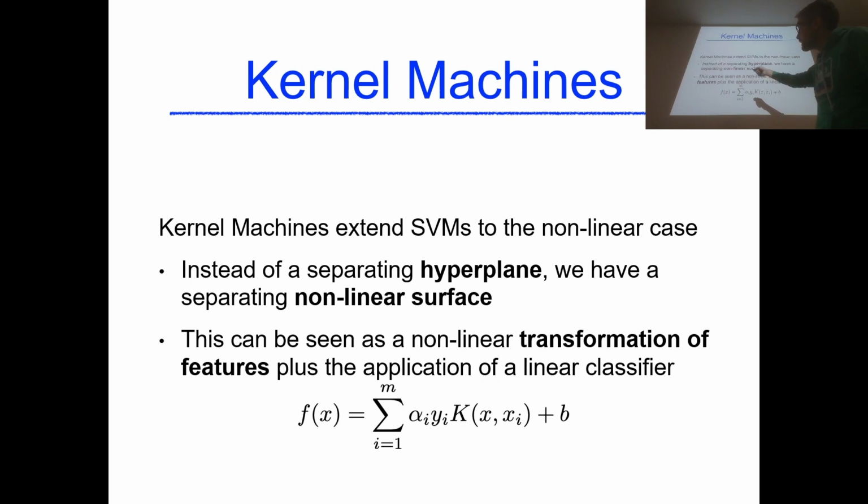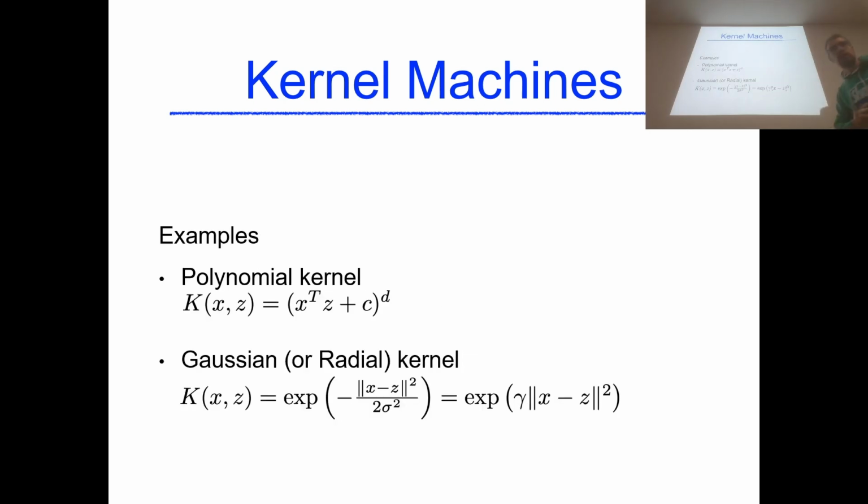Why is this extension to support vector machine called kernel machines? Because obviously a great deal of what you can classify depends on the nonlinear function that you choose. This choice, these functions, are called the kernel of the support vector machine extended in this way.